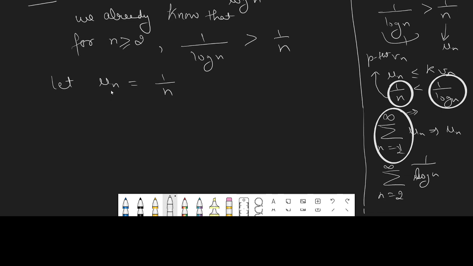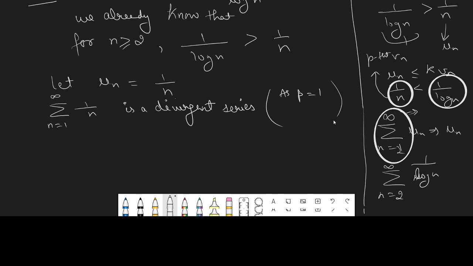Okay, and we know that the summation n equals 1 to infinity 1 by n is a divergent series. Why is it divergent? As p is equal to 1, that's why. From the p series, if p is greater than 1, it is convergent. If it is less than or equal to 1, then it is divergent.